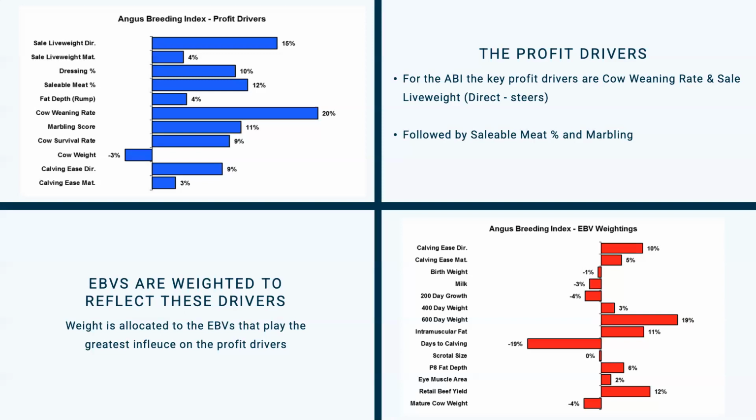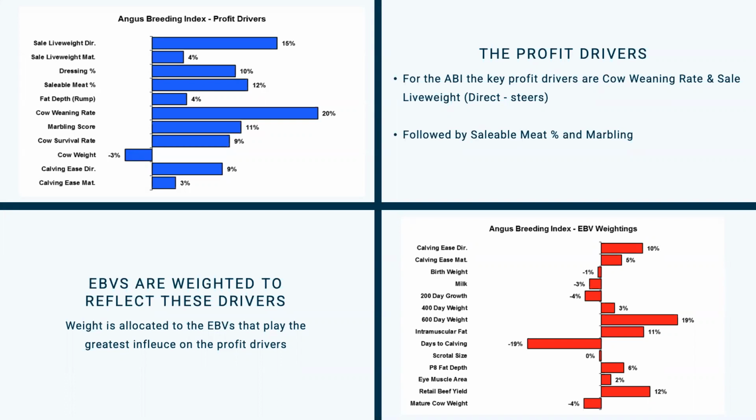It places more emphasis on the traits that matter, like 600 day weight, like calving ease direct, like retail beef yield, places emphasis on shorter days to calving, and takes away some of that bigger influence on other traits so that you get a more balanced approach and identify bulls that are, on average, more suited and more balanced to that particular program.